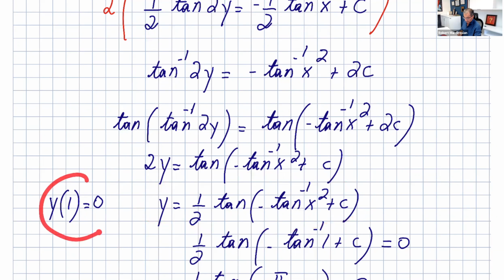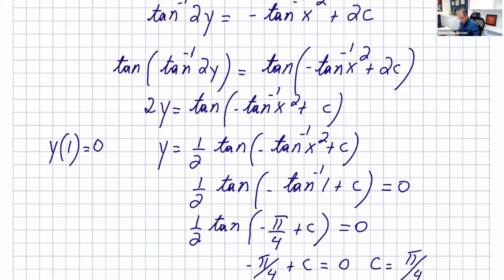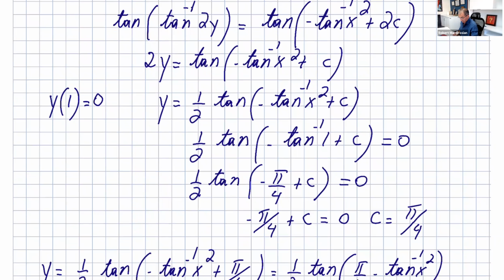Now we know an initial value is given, so you can substitute: when x is 1, y is 0. So let's substitute. You get 1/2 tangent of negative tangent inverse of 1 plus c, and that should be equal to 0 because y is 0 in this case.